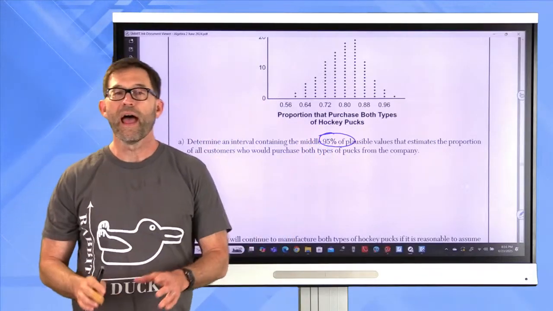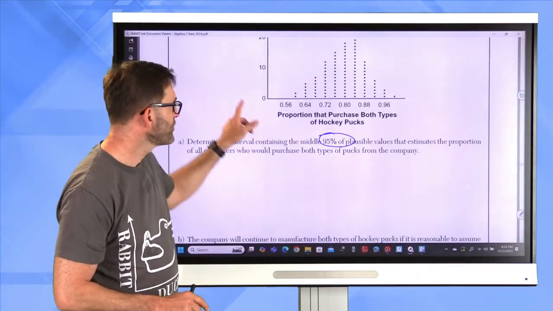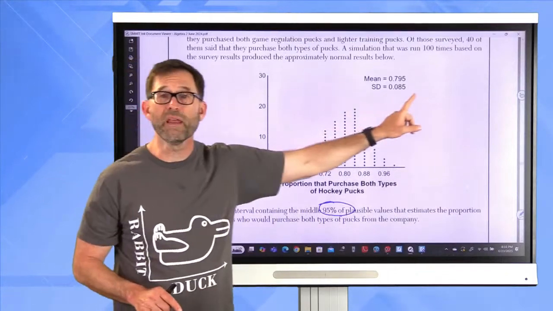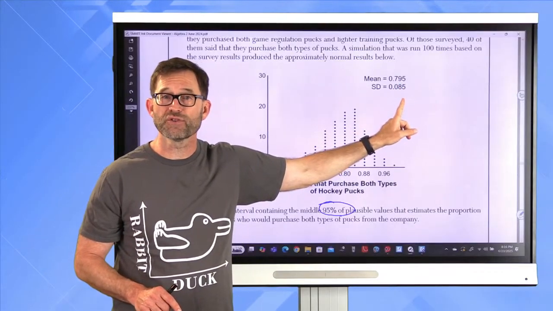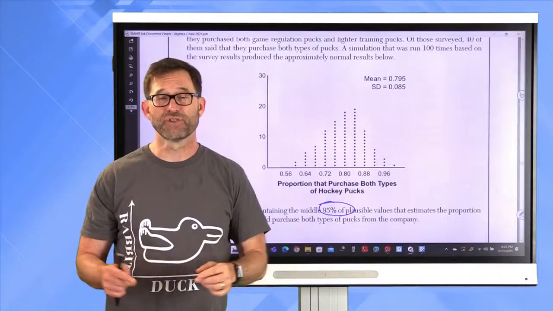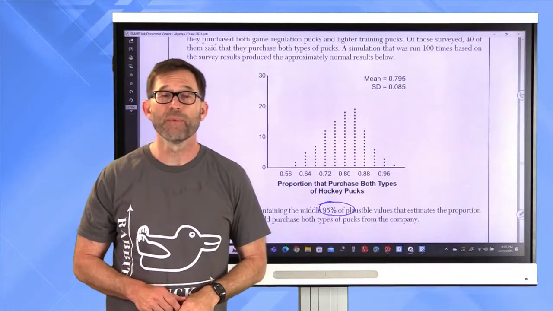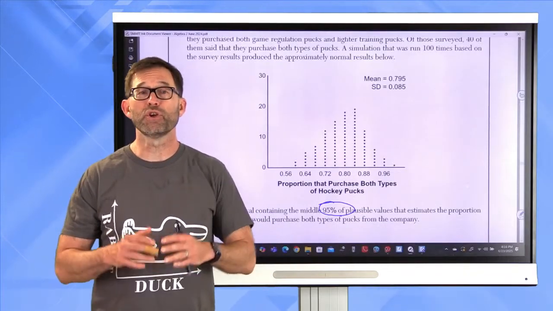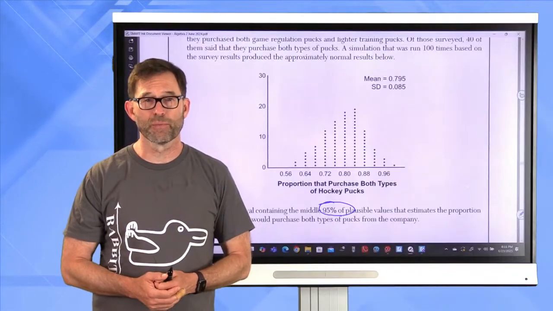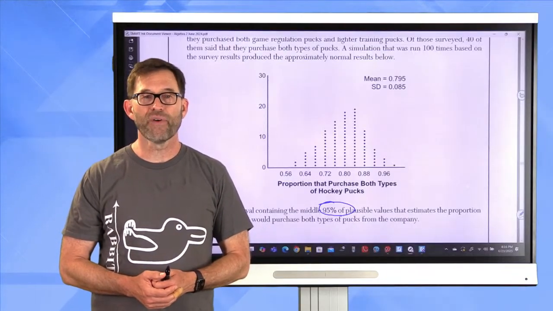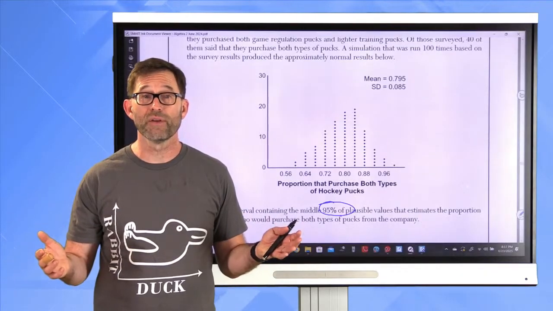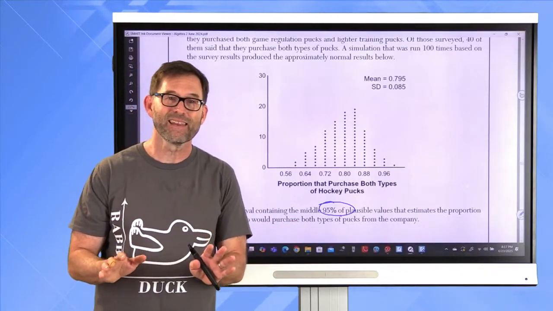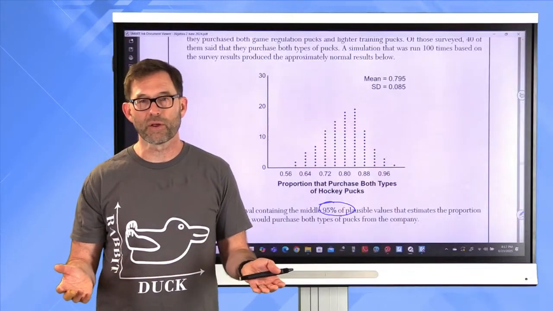And the key is to take whatever mean they have and subtract 2 standard deviations from it and add two standard deviations to it. The reason being that in a purely theoretical normal distribution, about 95% of all data values fall within two standard deviations of the mean. It's not exactly 95%, but it's pretty close, right?